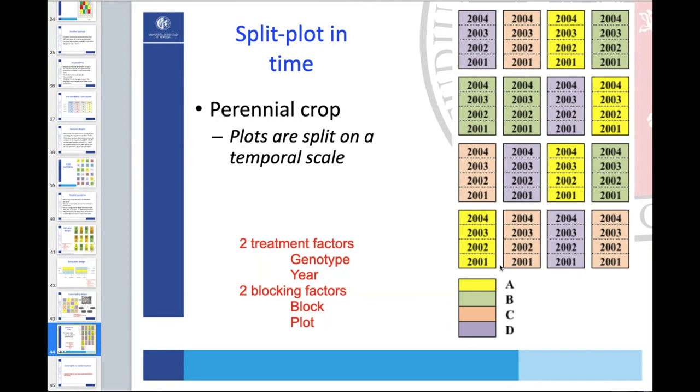It is very important, not only in the field. It is important every time we repeat measurements time after time. And we do that very often with animals, with humans. This can be regarded as split plot in time.